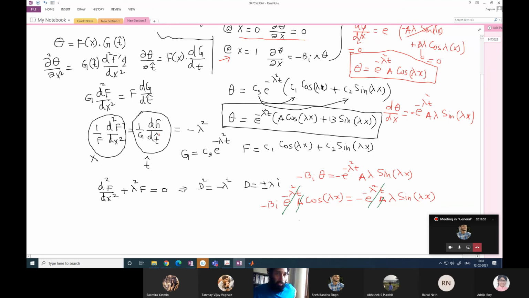So that gives us lambda tan lambda x, x equals to 1, so this x will not be here. So lambda tan lambda equals to Biot number. Okay.